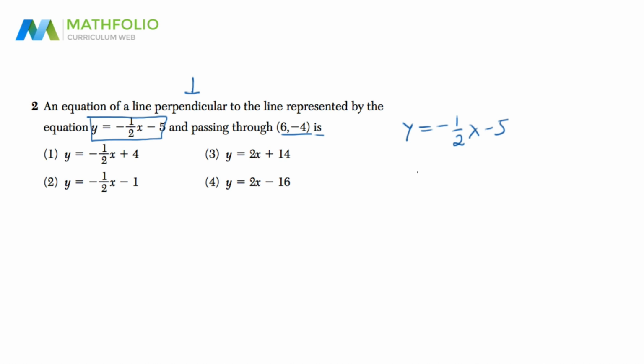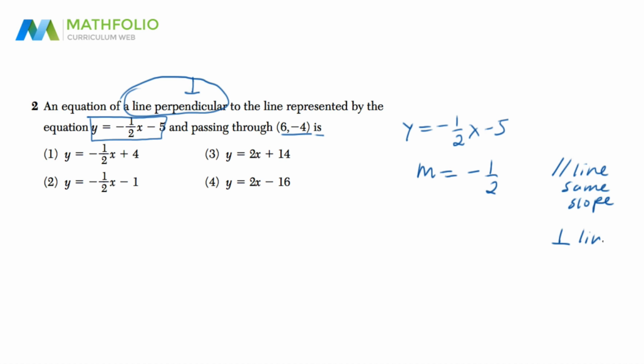Now one thing to note is the slope of this is -1/2. Now they want to know the equation of a line perpendicular. Well, if it said a parallel line, that would have the same slope. But it says a perpendicular line, and so it's not the same slope, but it's the negative reciprocal slope.